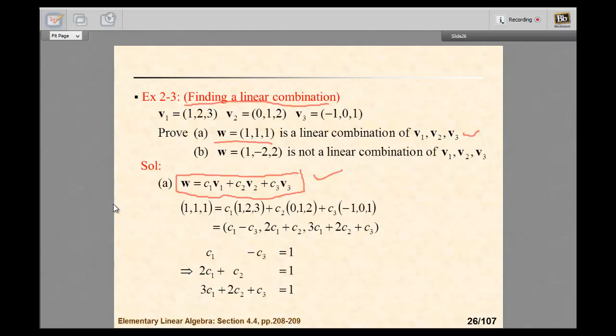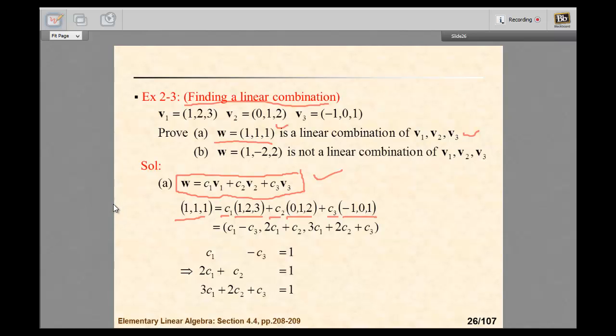So we have to show that W is equal to (1, 1, 1) is a linear combination. So we write (1, 1, 1) is equal to c1 V1 plus c2 V2 plus c3 V3.